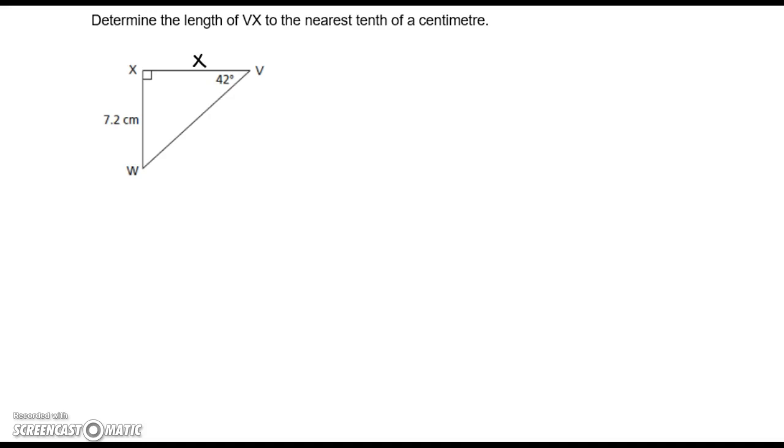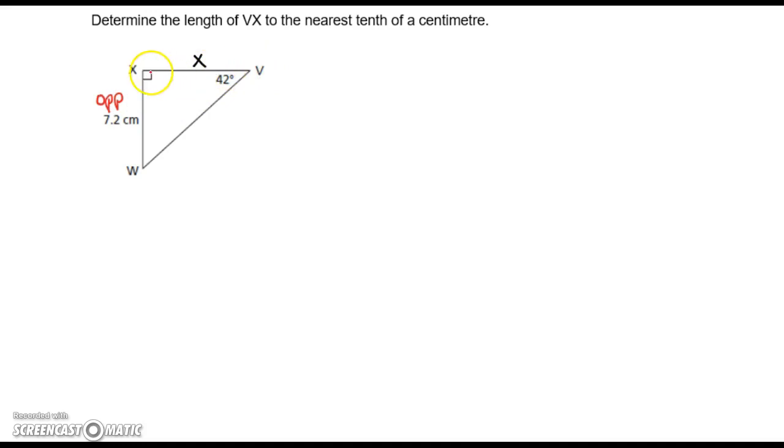Then I'm going to label the sides of my triangle, because that'll be really important, first of all, in determining which ratio we're going to use when we get to more complicated ones, but also to help you figure out where things go in your formula. This 42 is our angle, and across from that angle is side 7.2, which makes it the opposite side.